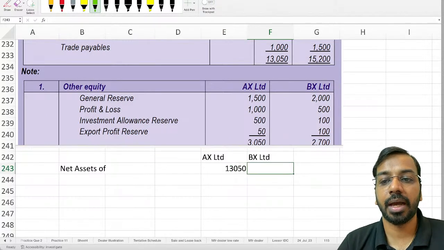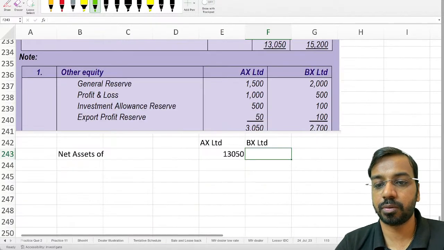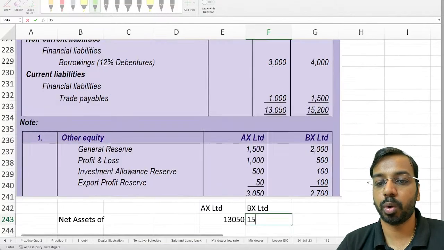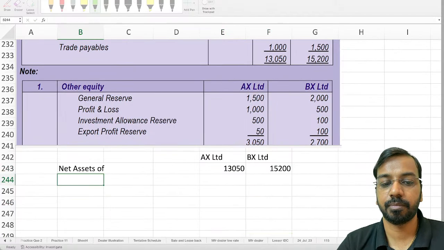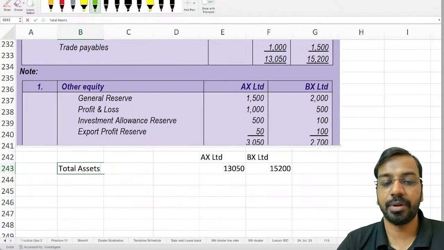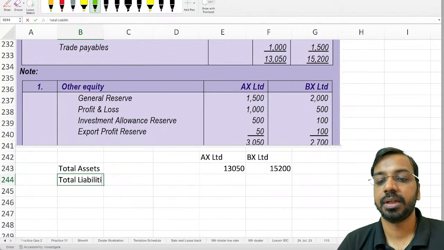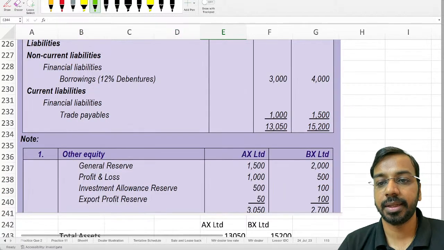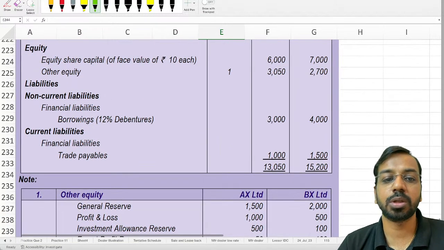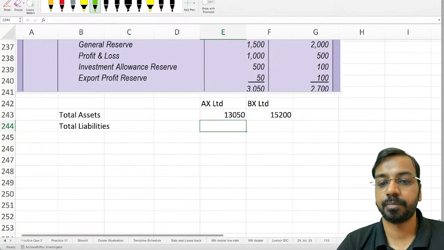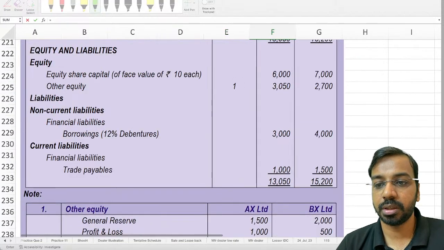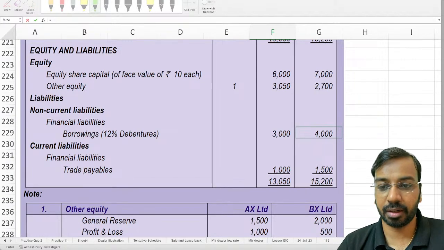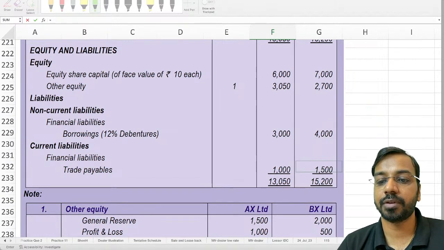Total of assets of BX 15,200. Then total liabilities. Total liability, if you see, 3,000 plus 1,000, 4,000. Here it is 4,000 plus 1,500, that is 5,500.